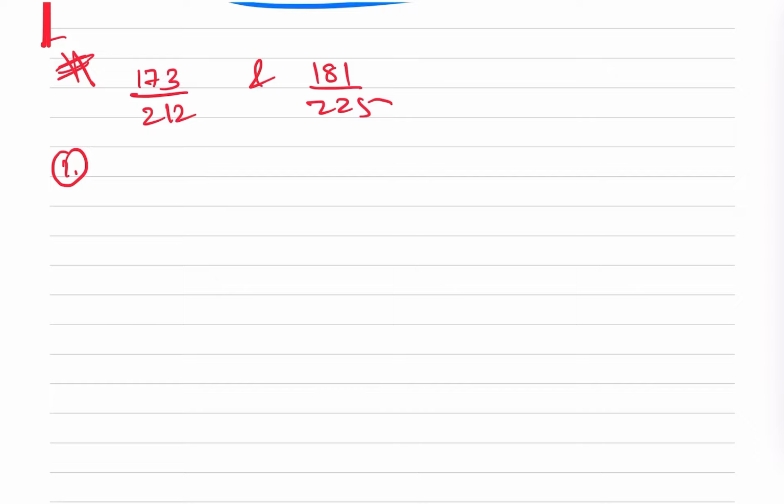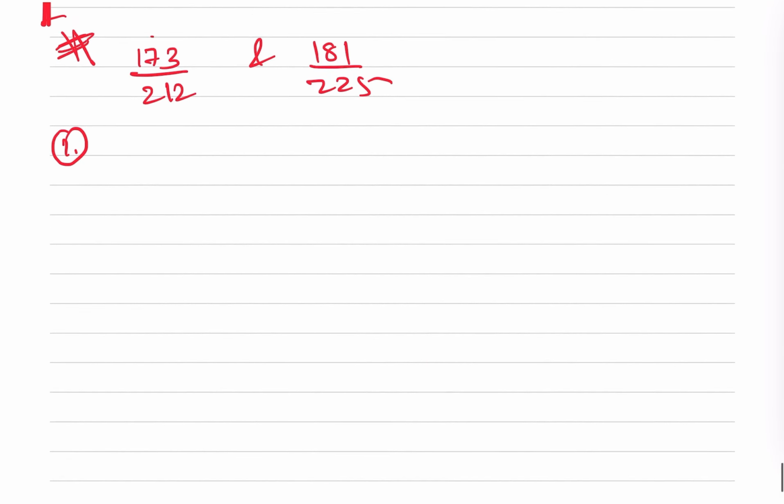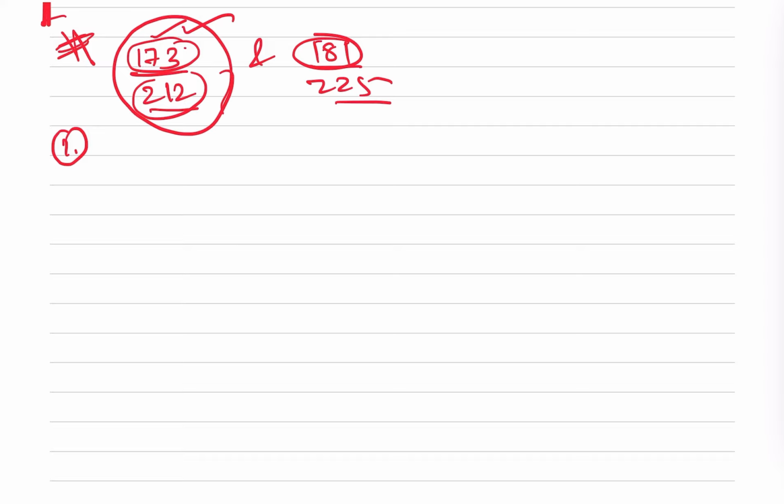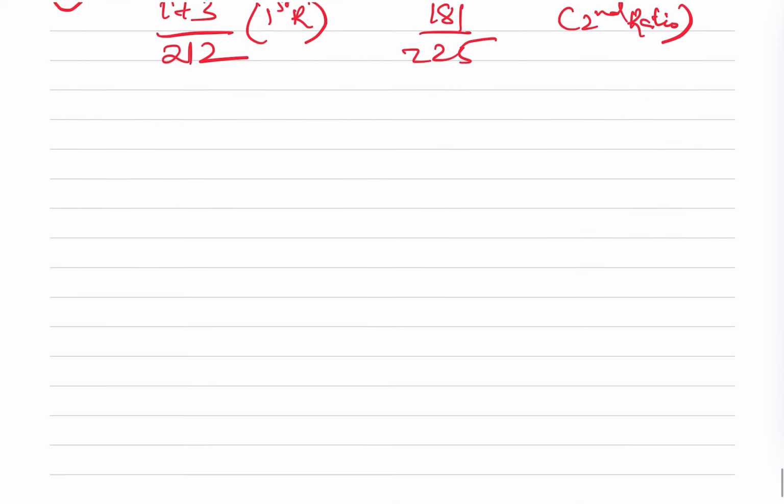So both are in increasing order in the sense you see 173, 212 and 181, 225. So 173 upon 212 I'll put first, and the second I'll put 181 upon 225. Understanding? Now this is called the first ratio and this is called the second ratio. Is this much okay to you?